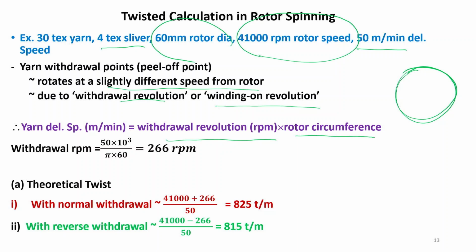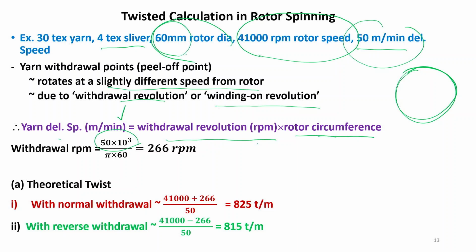So, withdrawal rpm will be the yarn delivery speed, 50 meter per minute, that means 50 multiplied by 10 to the power 3 millimeter, divided by rotor circumference, pi times 60 millimeter.